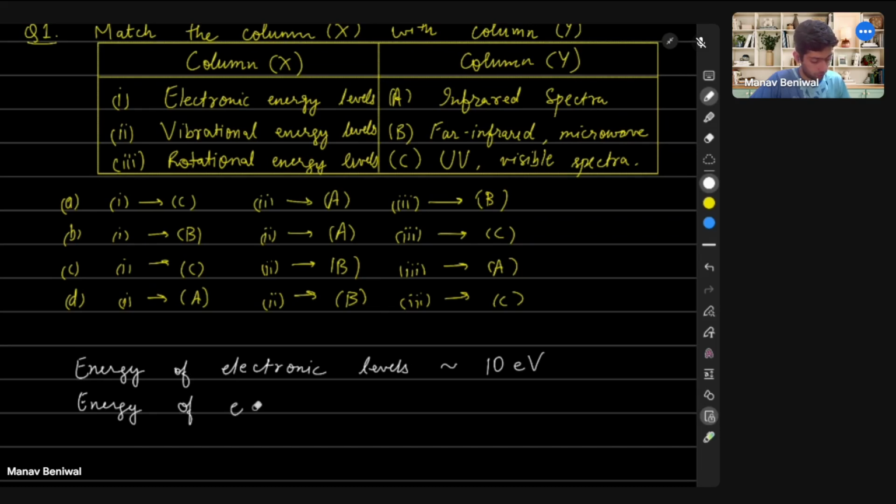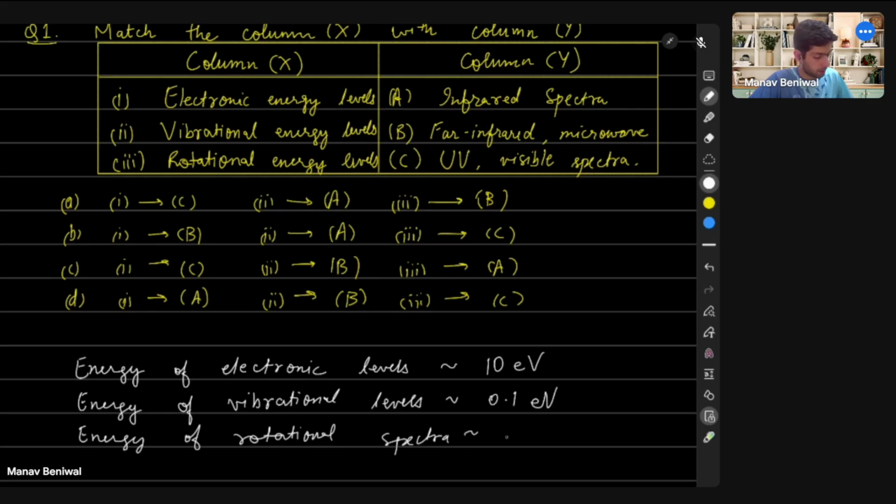Energy of vibrational levels is roughly of the order of 0.1 eV. And finally, energy of rotational spectra is of the order of 10 to the power minus 3 eV.